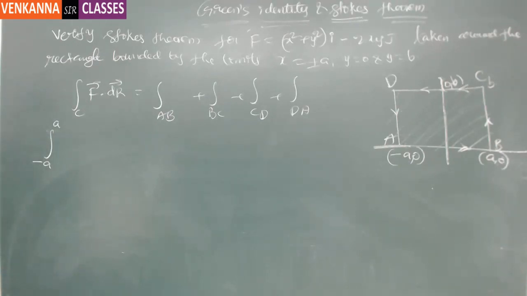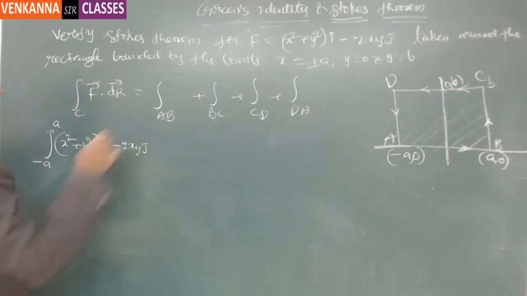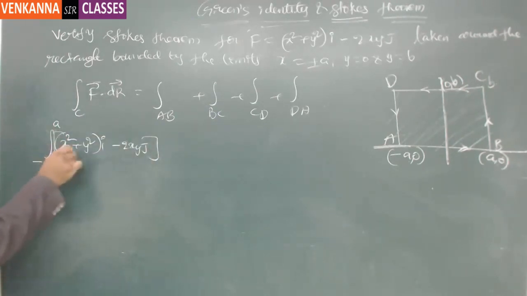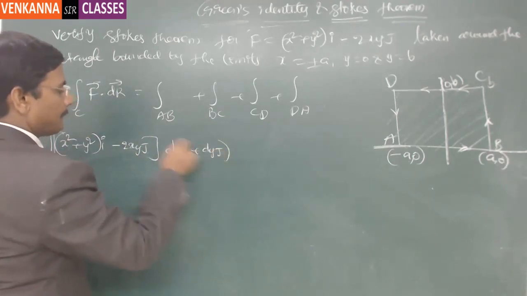Now F dot dr. F is (x square plus y square) i minus 2xy j, and dr is dx i plus dy j.